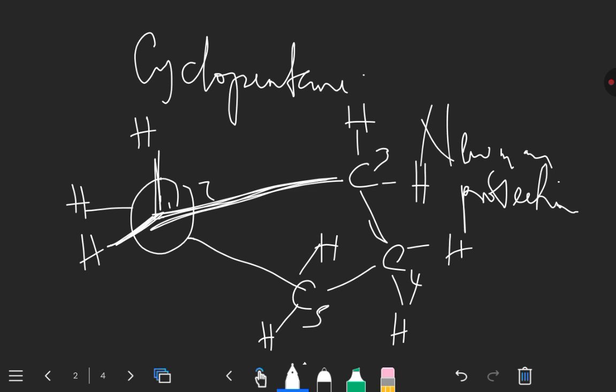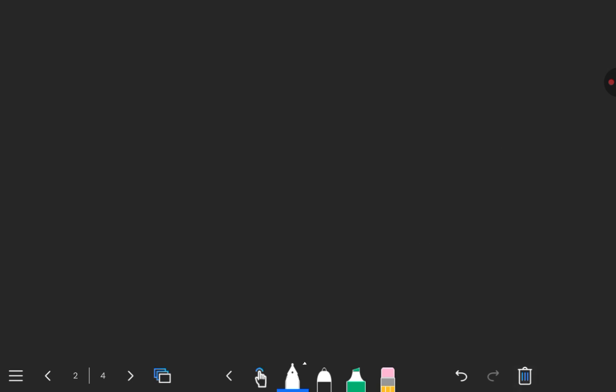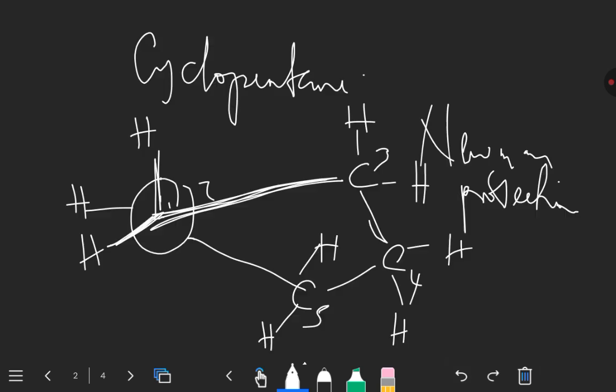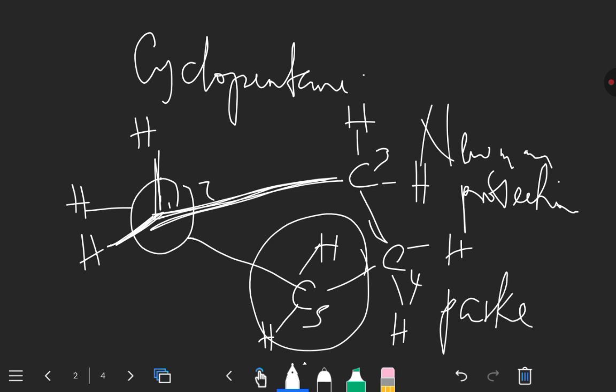So that is how you draw the structure. Now, I should mention one thing here, that when you have cyclopentane, one carbon is puckered.